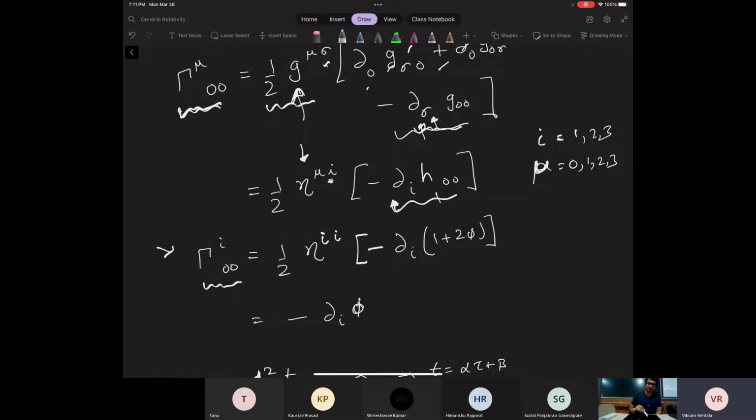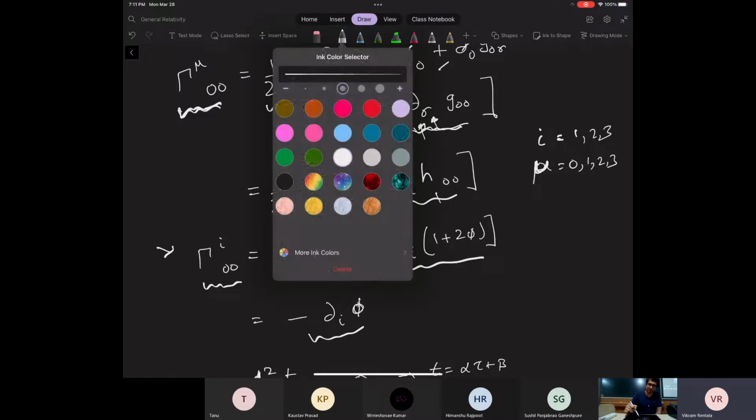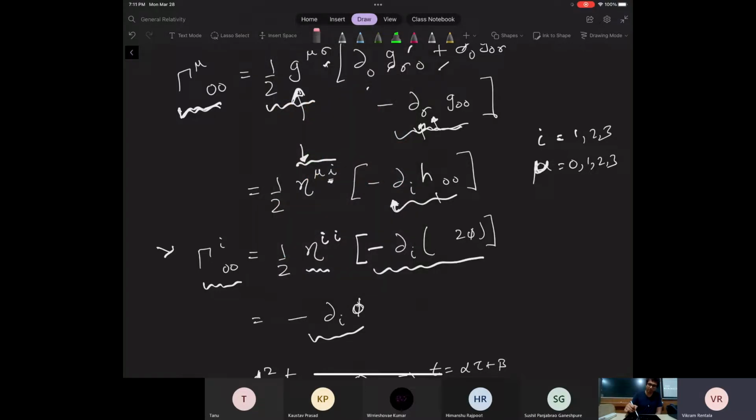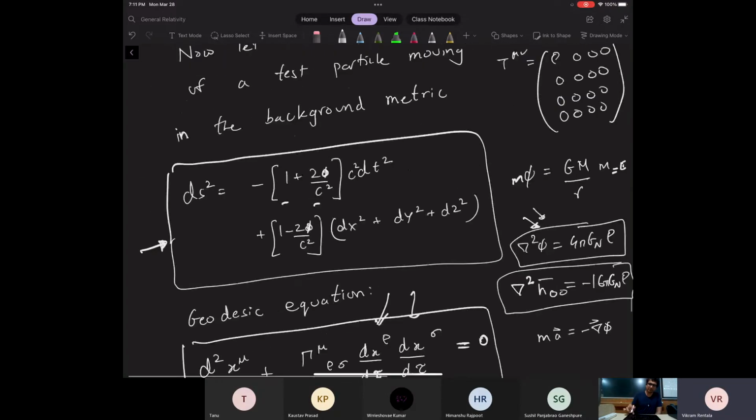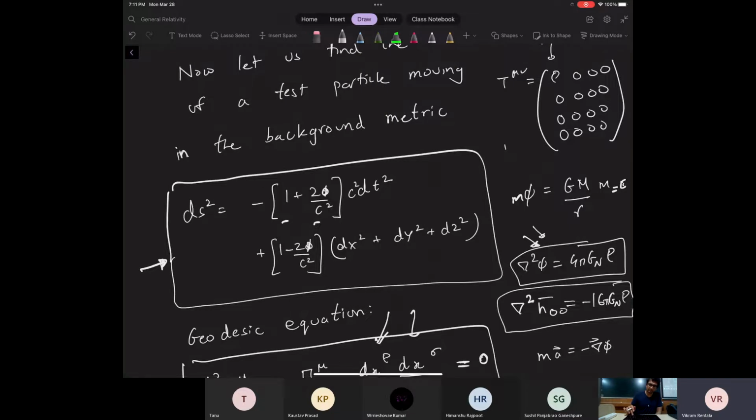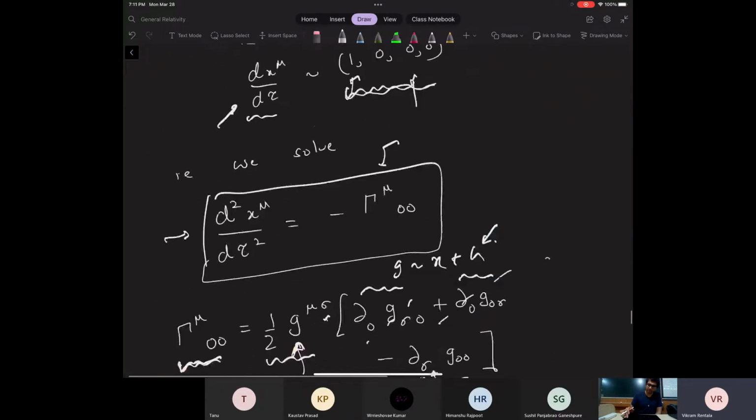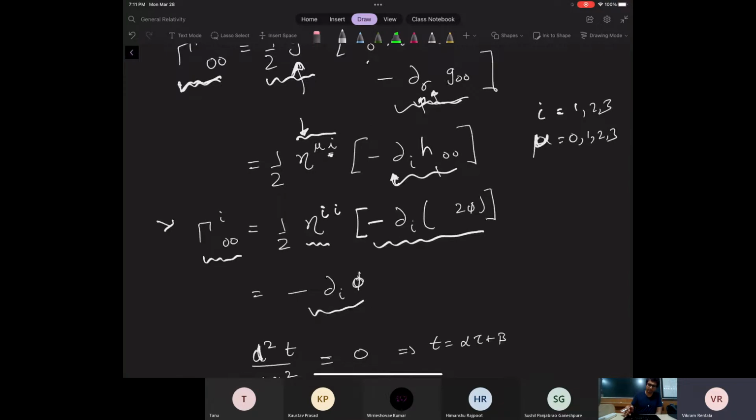these are the only ones which are going to be non-zero, because η^μi is non-zero only when μ and i are the same. So this is η^ii times minus ∂_i h_00. Now, h is just 2φ. Sorry, h_00 is minus 2φ.